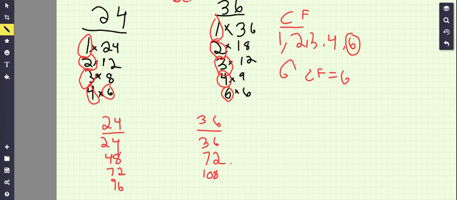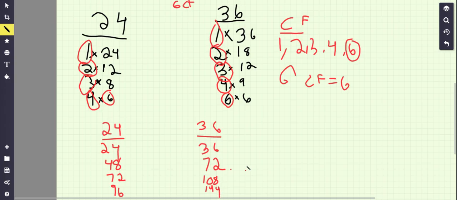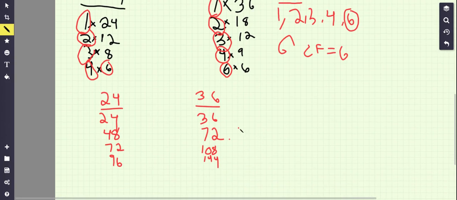36 times 3 is 108. 36 times 4 is 144. I'm going to keep going until we find a common multiple. So 24 times 5 equals 120.